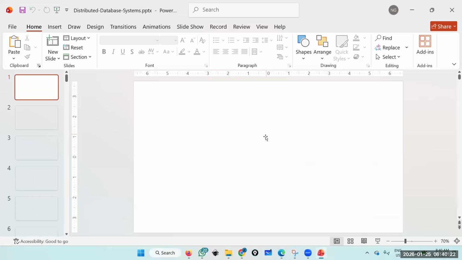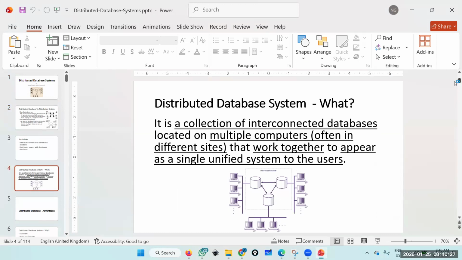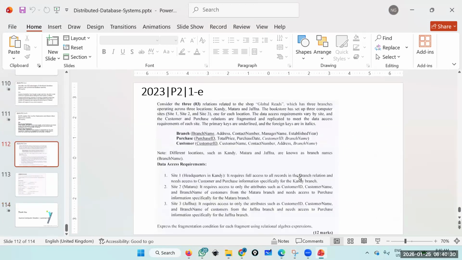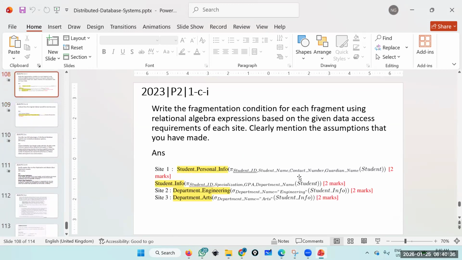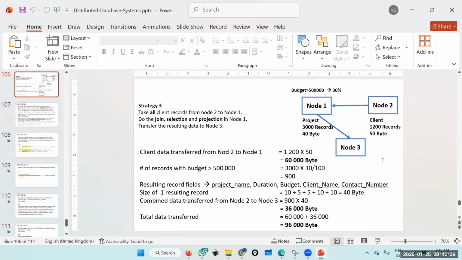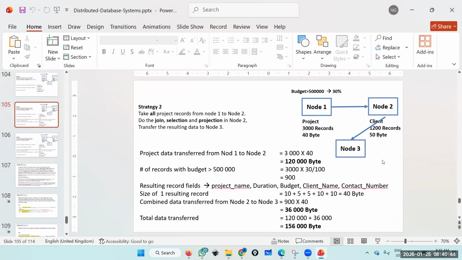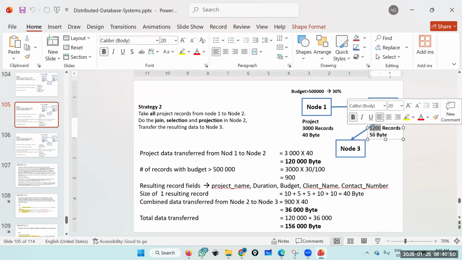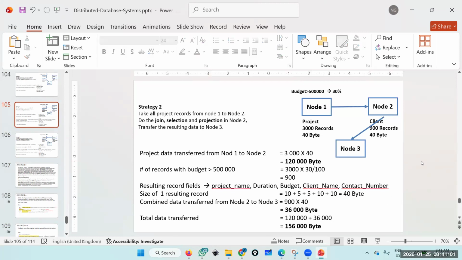So the calculation is correct, but I have not updated the diagram. So this should be 900 into 40, 40 bytes. Okay. So now it's correct.